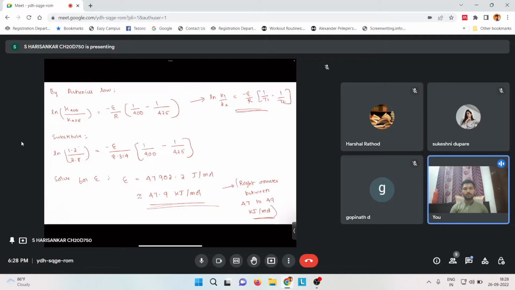So here all you need to recognize is that you need to find the rate constants for PFR and CSTR. Once you recognize that, now you have all the tools to find the rate constants. You have the design equations for PFR and CSTR, and you find the rate constants, and then using those rate constants you find activation energy using Arrhenius.